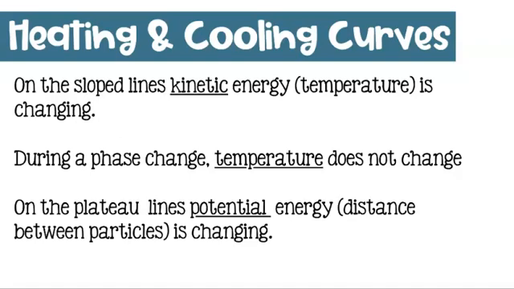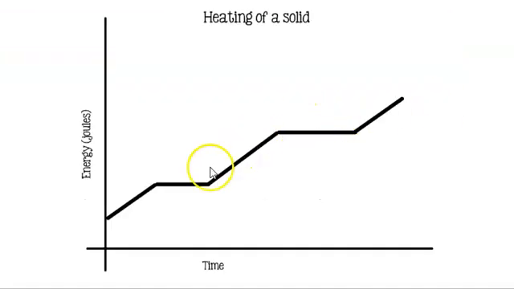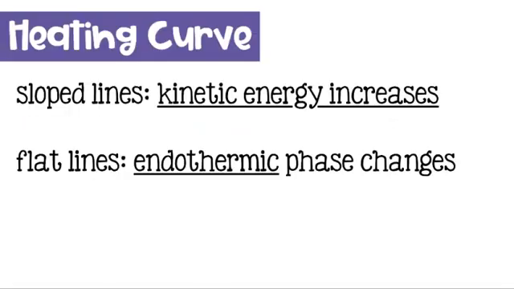These occur on the plateau lines, where potential energy, or the distance between particles, is changing instead. So on these two lines, we're keeping the temperature constant, but because we're using our energy to help the particles spread apart and change phases, we still have to add energy during that time.